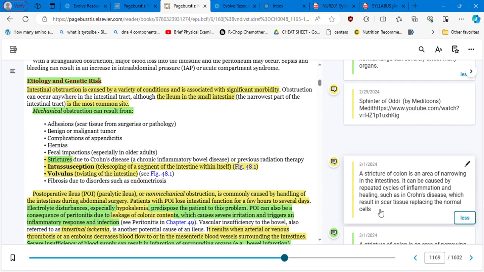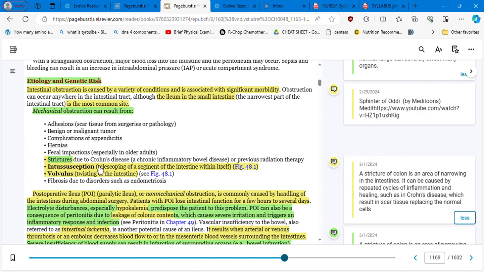We are having this inflammation that is causing some damage in the mucosa, and then it's going to heal. So this is going to cause a scar, okay? Now the lumen, because of the scar, instead of being 5, is going to be 4. And then we have another episode of damage and healing. And now the lumen, instead of being 5, is going to be 3. So that's a stricture caused by Crohn's disease, okay?